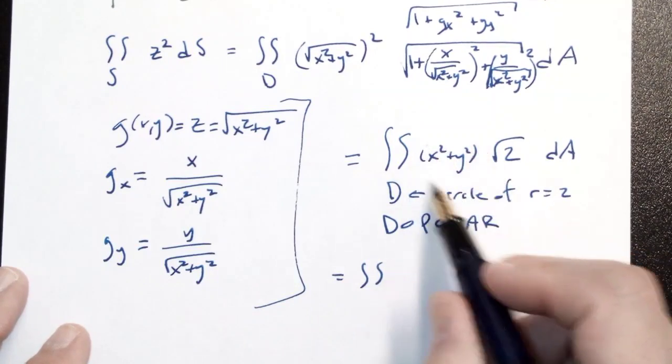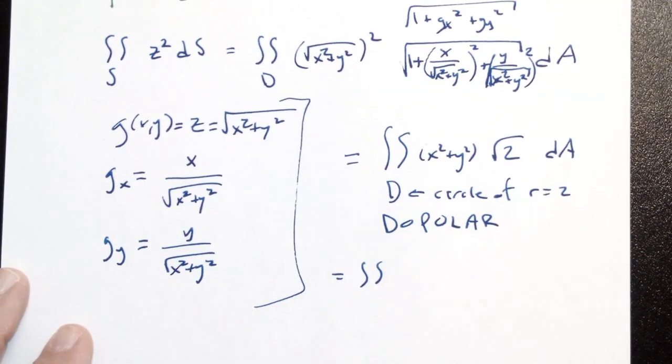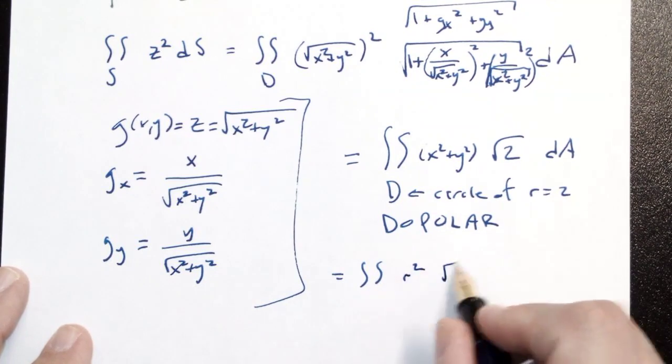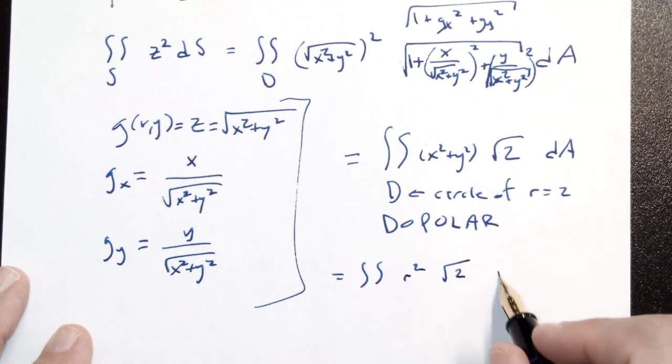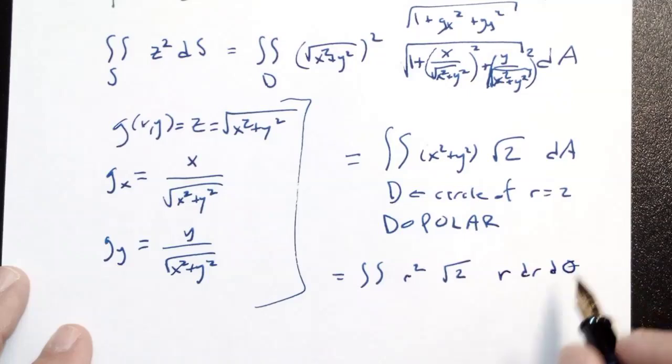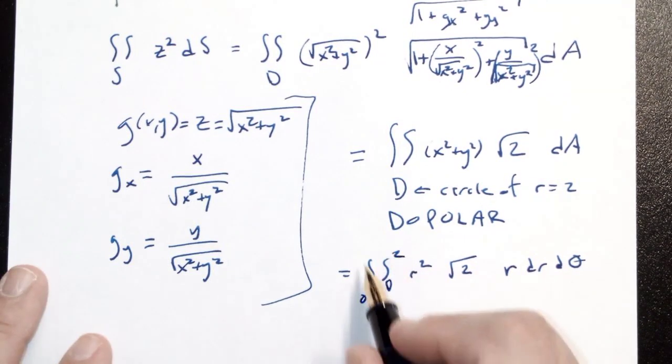The integrand itself, x squared plus y squared becomes, and then I have the square root of 2, dA becomes, and my bounds are, ta-da!